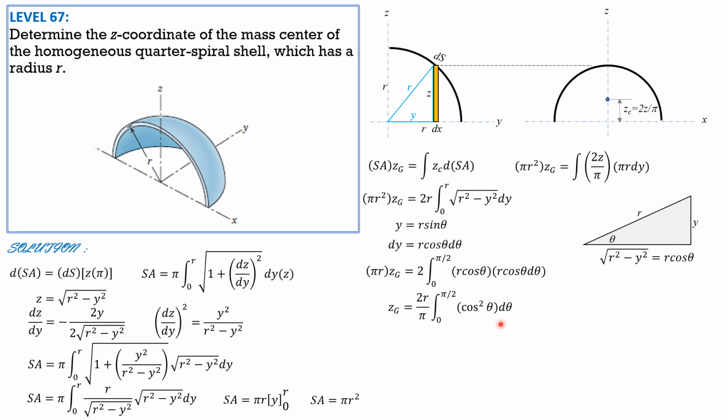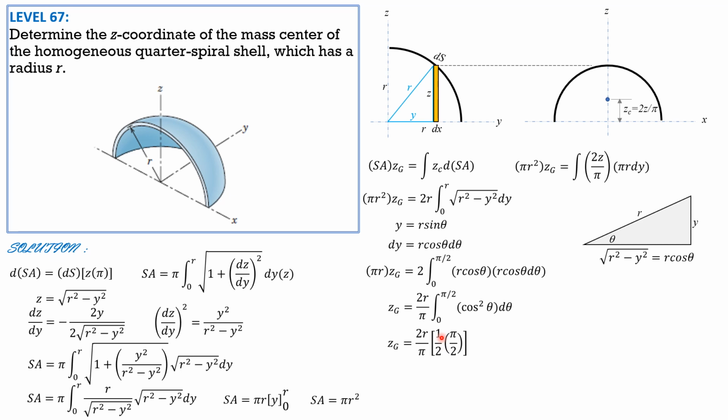Then in the denominator, sum of exponents, so 2, stop also. So 1 over 2. Then because this is even, times pi over 2. So this integral by Wallis formula is pi over 4, 1/2 of pi over 2. So g sub z is 2r over pi times quantity 1 over 2 times pi over 2.